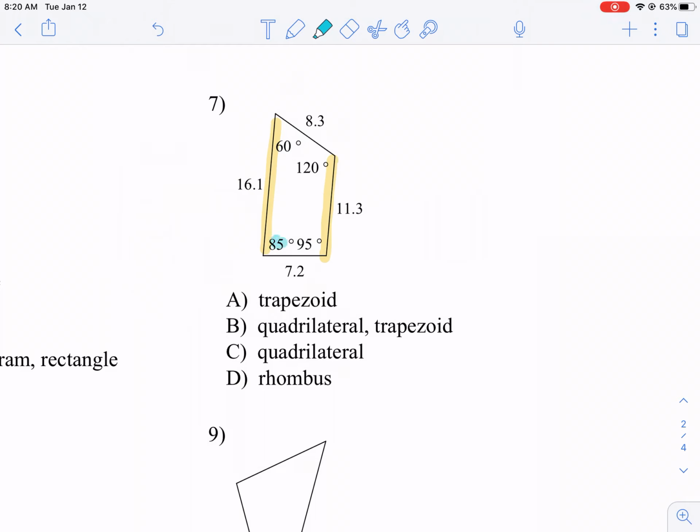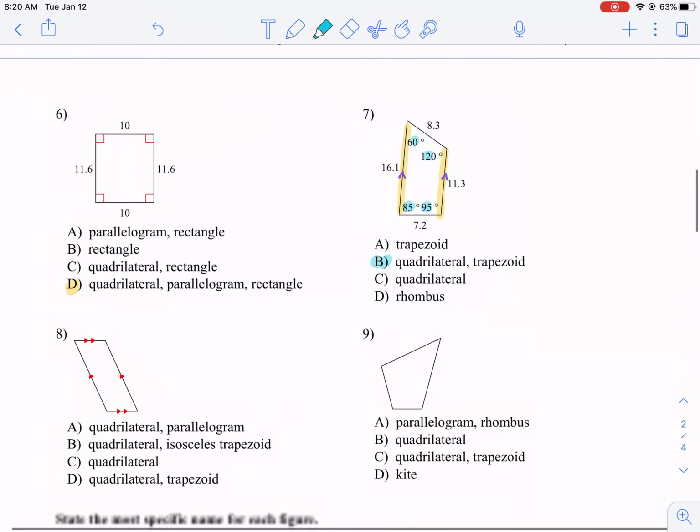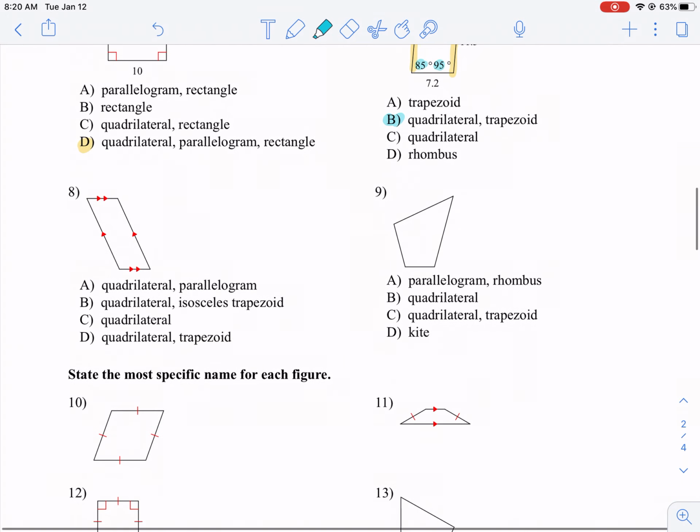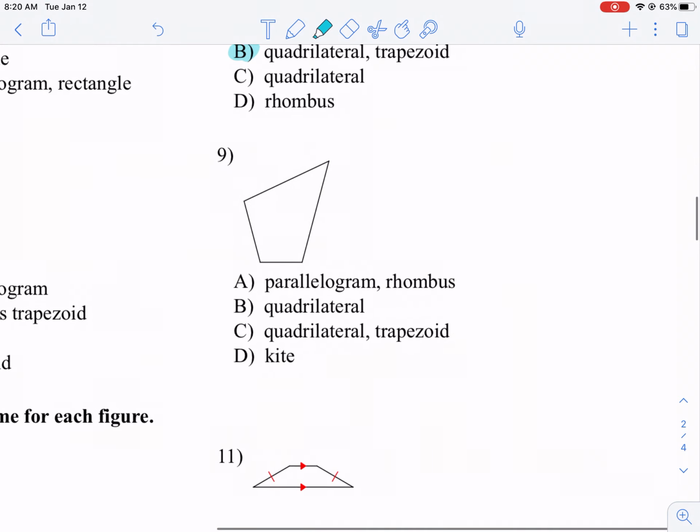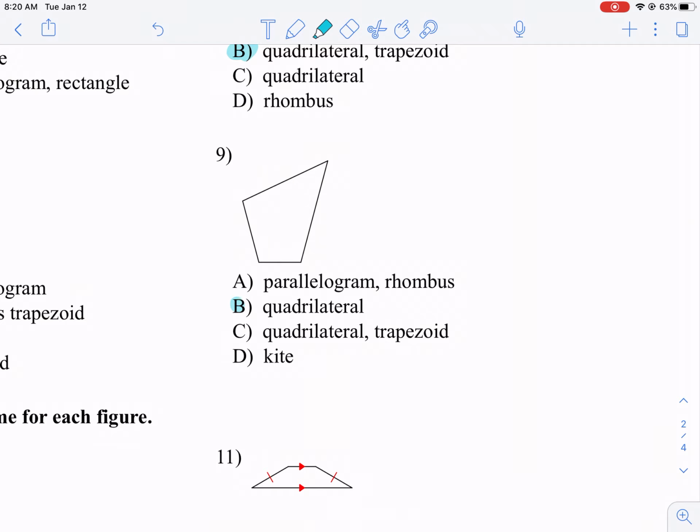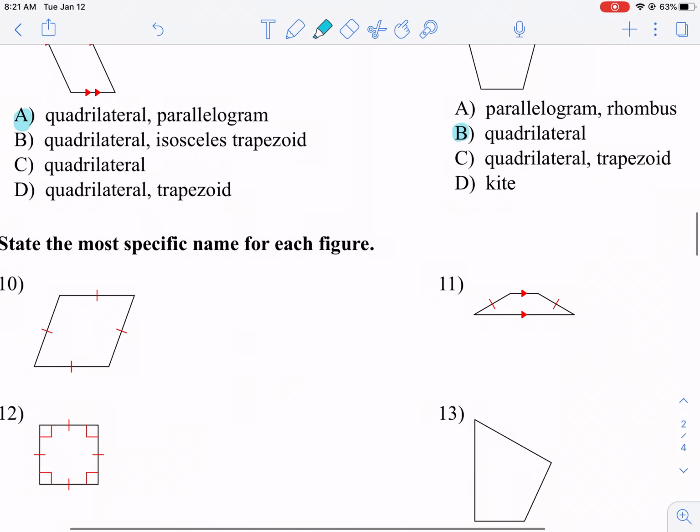We have these two angles are supplementary and these two angles are supplementary. So this, in fact, is a trapezoid because it has one set of parallel sides. So this is actually a quadrilateral and trapezoid. So we have option B there. This one's another parallelogram. Okay, this one, we don't know anything about this one, so this is just going to be a quadrilateral.